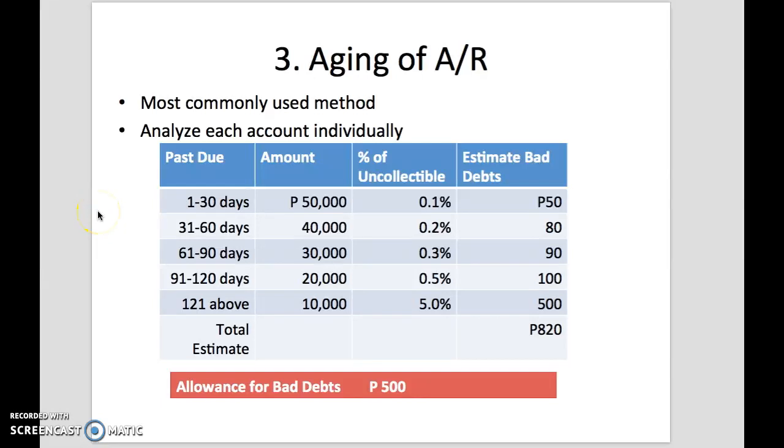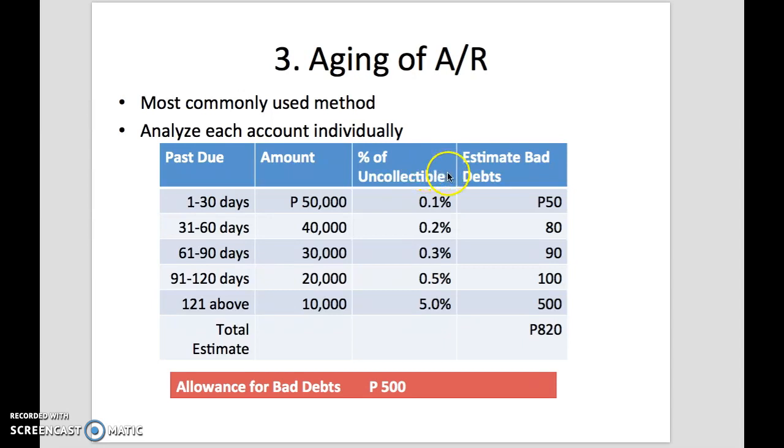Okay, for aging of accounts receivable, we can look at this table here in front, and you will notice that we have categories, and these pertain to the number of days wherein a certain amount of accounts receivable has already been past due.